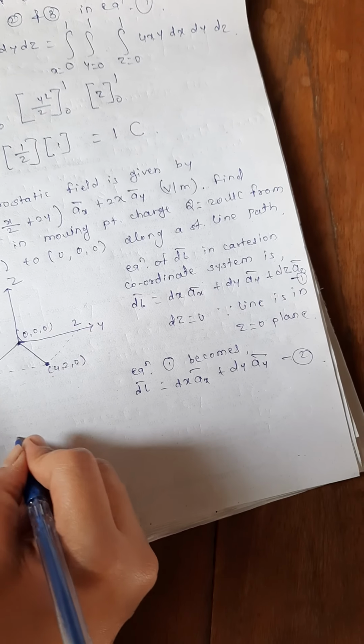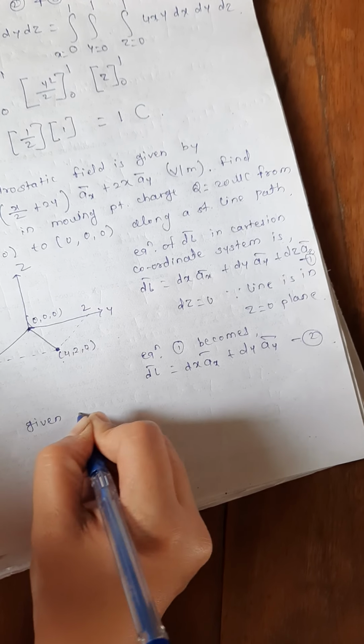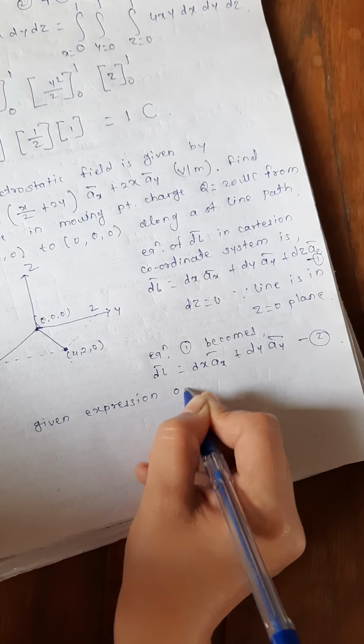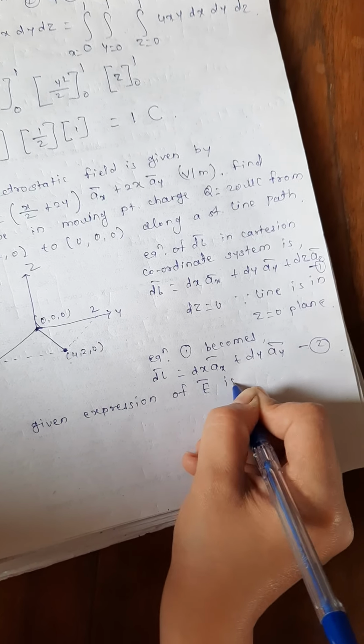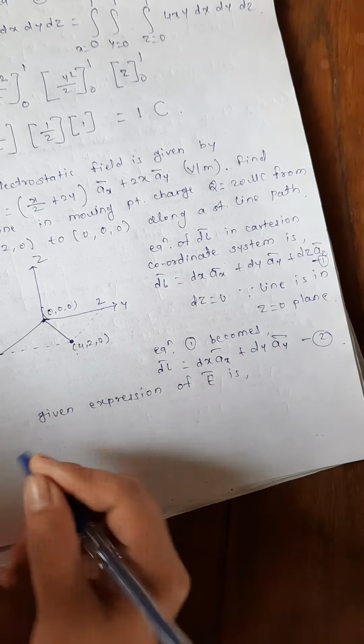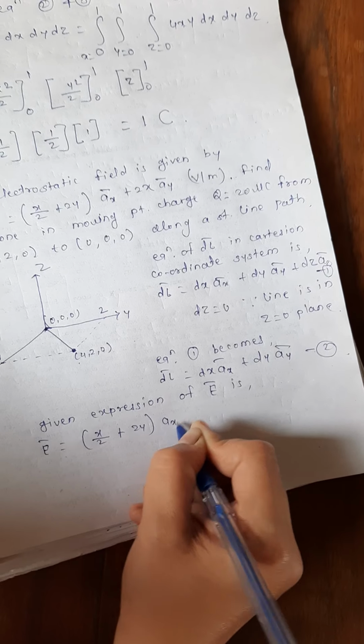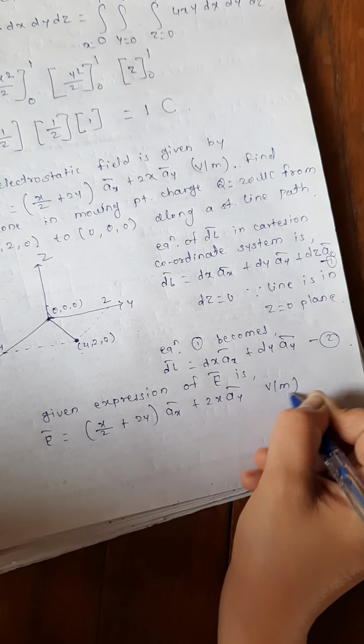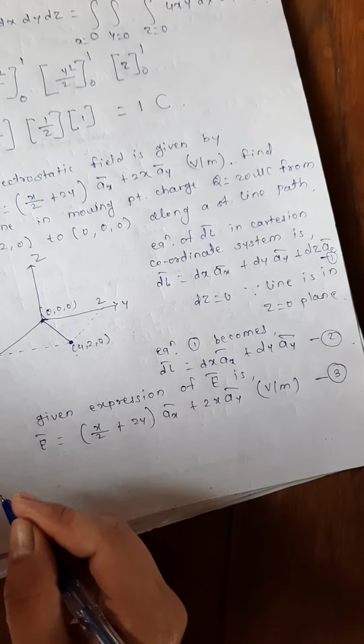Now the given expression of E bar is (x/2 + 2y) ax bar plus 2x ay bar volt per meter. This is equation number 3.